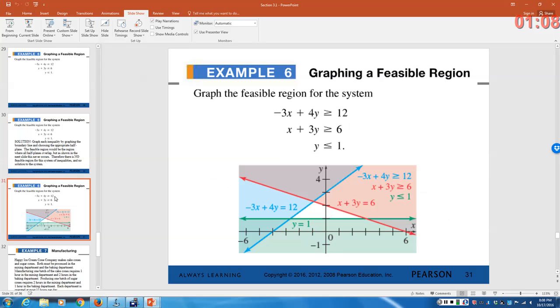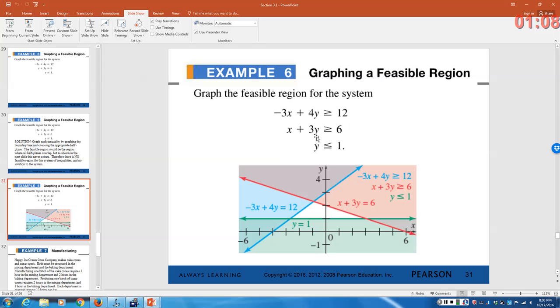Now the way they show it to you is this way. Negative 3x plus 4y is equal to or less than 12 is the blue line. And our test point 0, 0 fails, so we shade in that direction. X plus 3y is equal to or greater than 6 is the red line, and it goes in this direction.